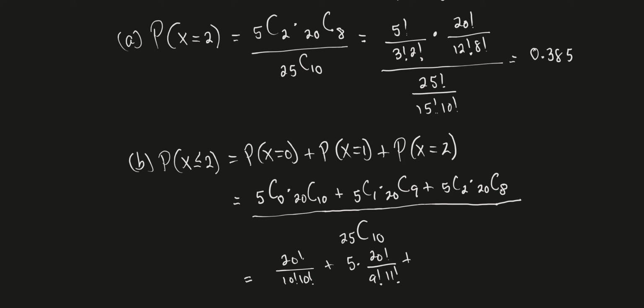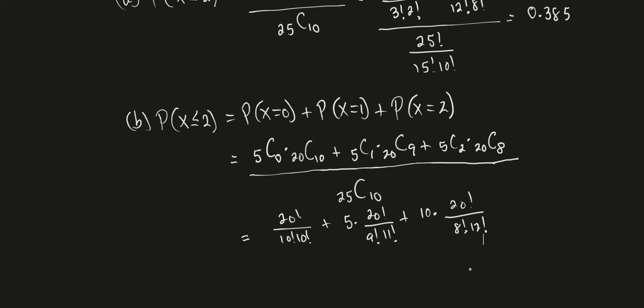And then this is the one that we just did, 5 choose 2. I think that comes out to be 10. And then this one, I'm not sure what that number is. Some big number, I'm sure. 8 factorial, 12 factorial, and then all of that is over 25 factorial over 15 factorial, 10 factorial.